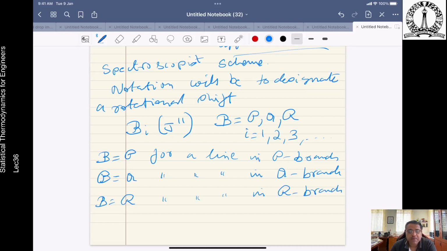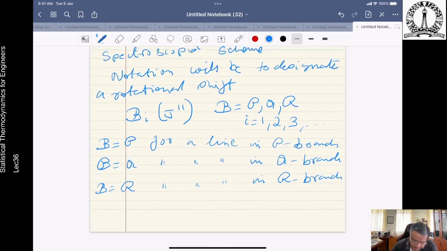The numerical subscript is less significant. It is sometimes used to identify closely spaced transitions, the various spin split levels within a multiplet.